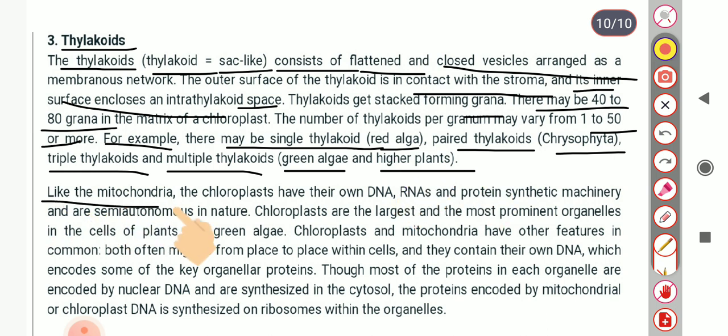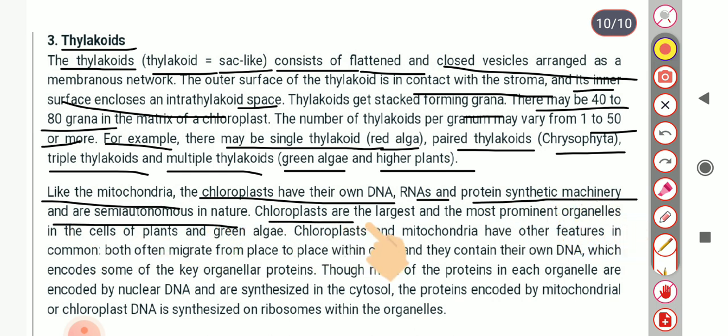Like mitochondria, chloroplasts have their own DNA, RNA, and protein synthetic machinery and are semi-autonomous in nature. Chloroplasts are the largest and most prominent organelles. Chloroplasts and mitochondria have other features in common.